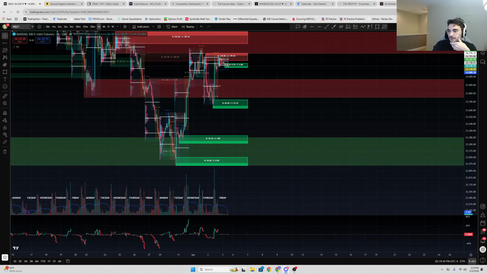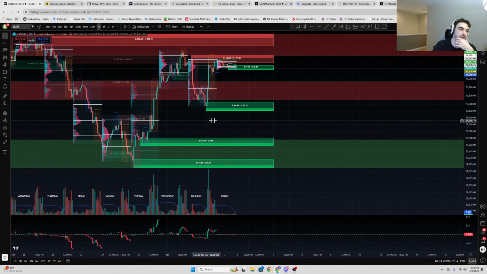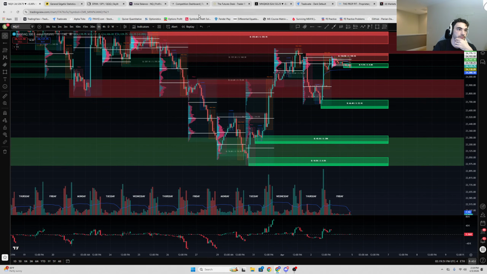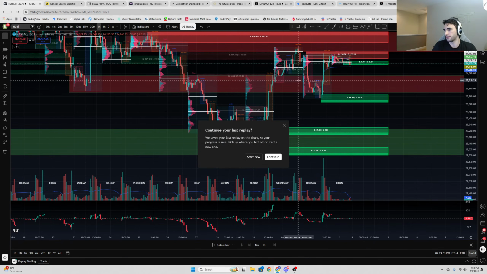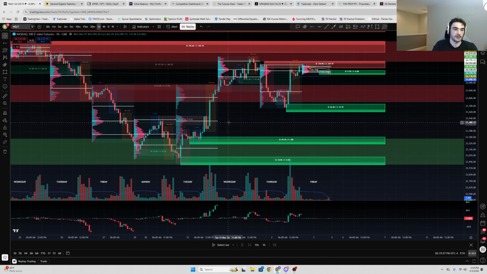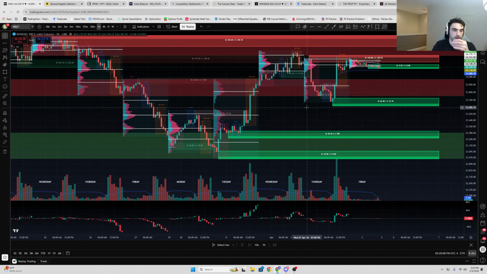When you're using SVP, how do you know it's going to break out the value area high, value area low? Okay, yeah. Value areas shift consistently, like on a newer profile.